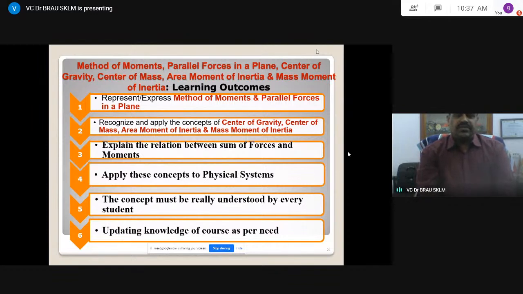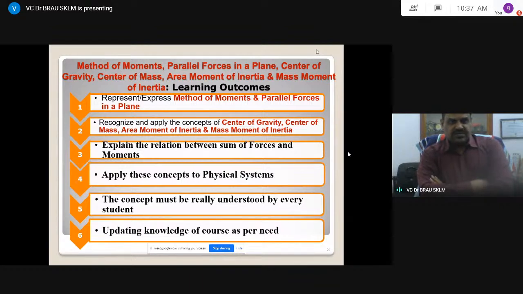Then recognize and employ the concept of center of gravity, center of mass, centroid, area moment of inertia, and mass moment of inertia. These are the parameters we use frequently: center of gravity and center of mass. The extension is area moment of inertia and mass moment of inertia in statics and dynamics respectively.